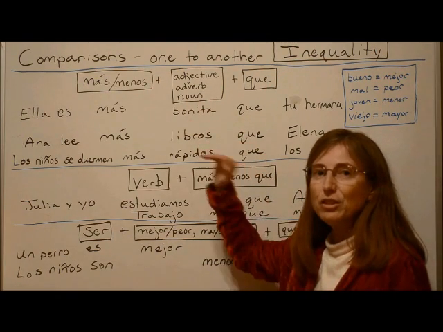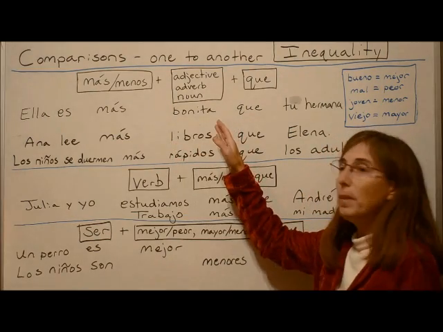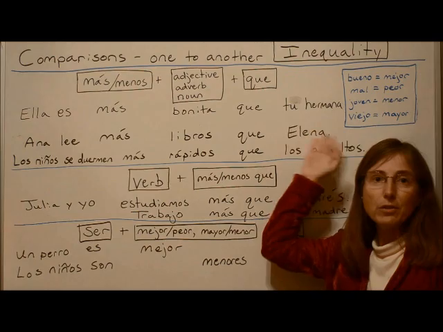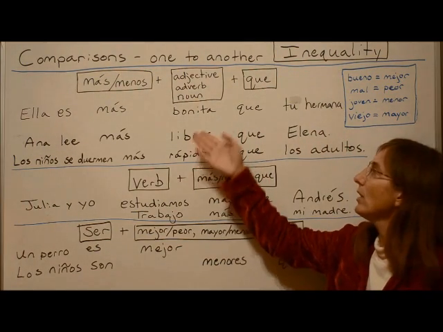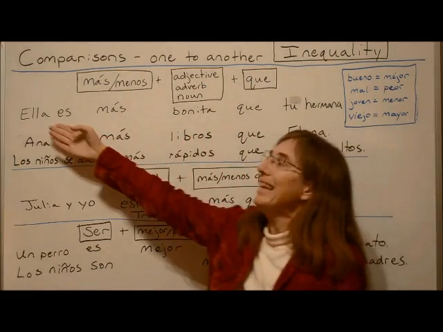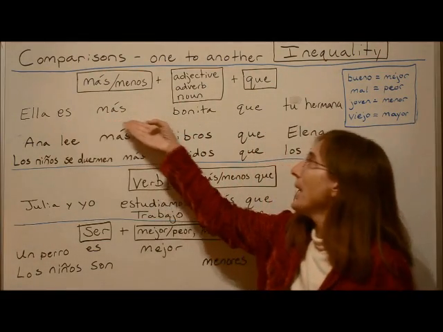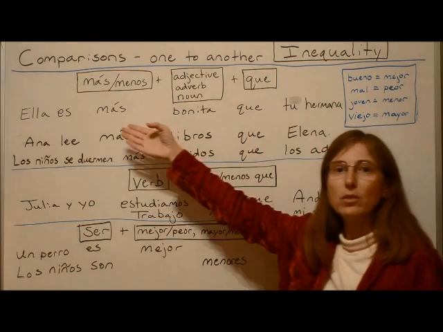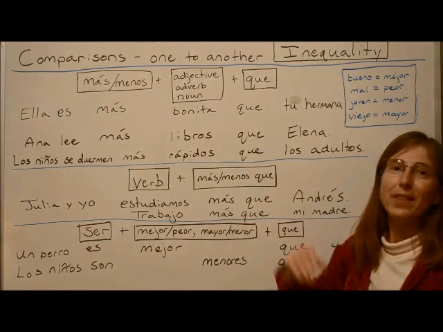If we wanted to say she is more pretty than her sister, or than your sister, then we would be using the adjective pretty in our comparison. So we would say, ella es más bonita que tu hermana. She is more pretty than your sister.